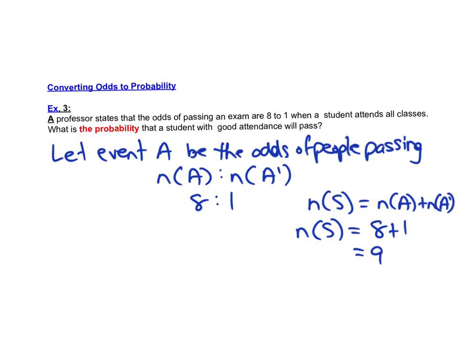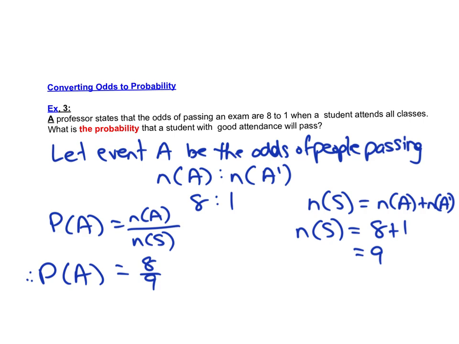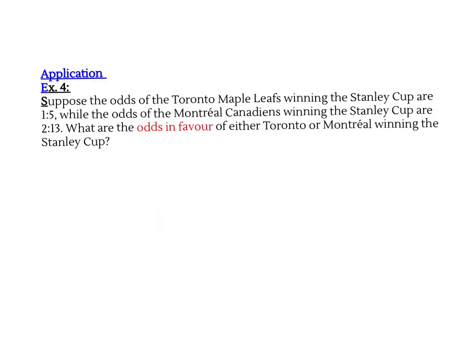Like I say, I like to keep equating it back to my squirrel question. If I have a ratio of squirrels in my backyard of 8 to 1, I have to have 9 squirrels in order for that to happen. So when the odds are 8 to 1 of passing, that means that the probability of passing is 8 over 9. Or you have a pretty good chance of passing in this class because you've got an 88.8% chance of passing if you attend all of the classes.